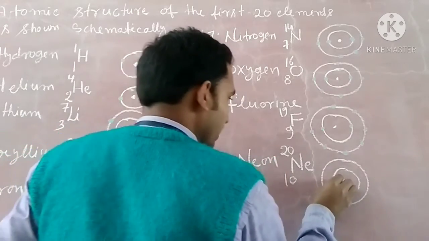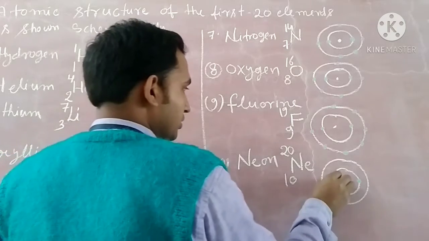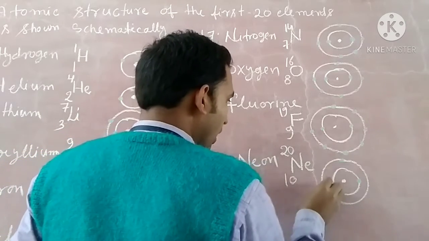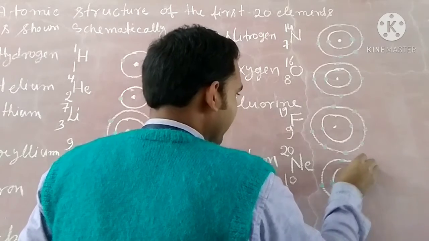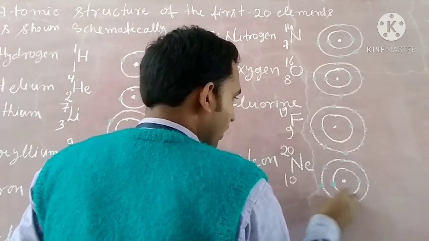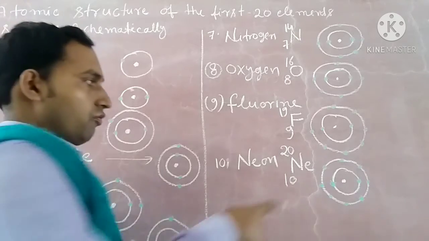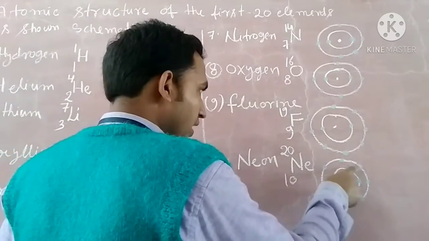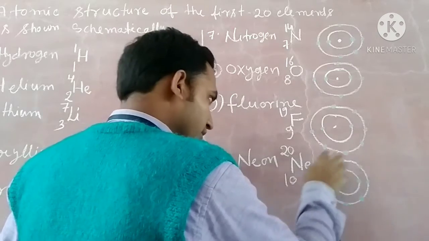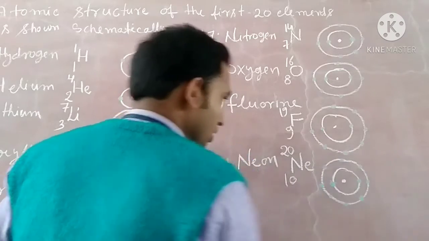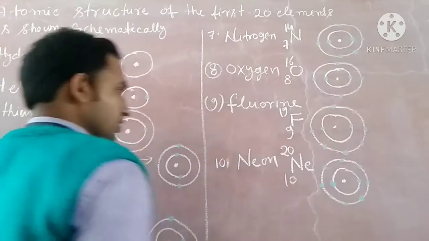Number of electrons in the first cell, 2 electrons. Okay. And the second cell, 1, 2, 3, 4, 5, 6, 7, 8 electrons, students. Okay. The number of electrons in the second cell is 8. The maximum number of electrons in the second cell is 8, so do not put more than 8 electrons in the second cell.